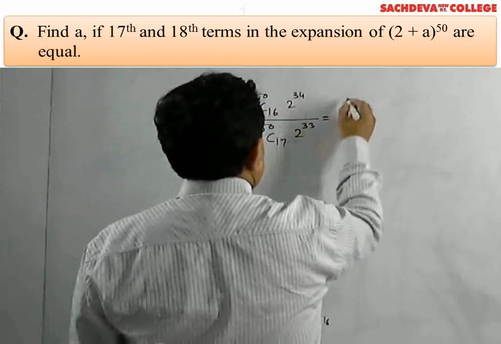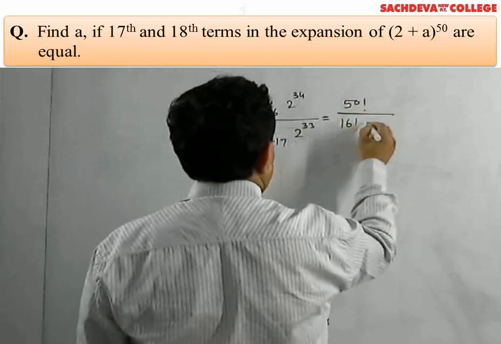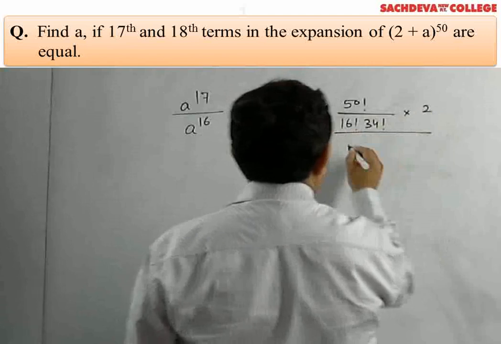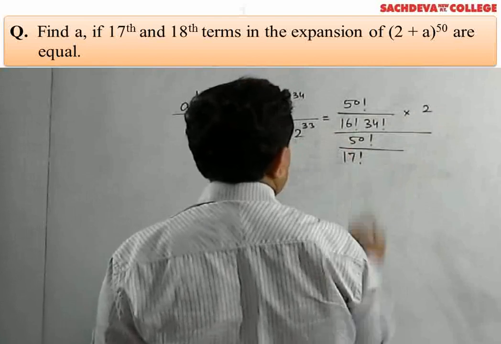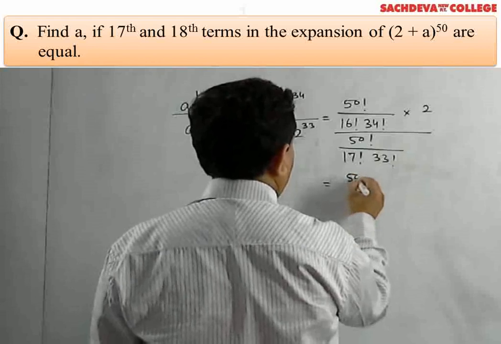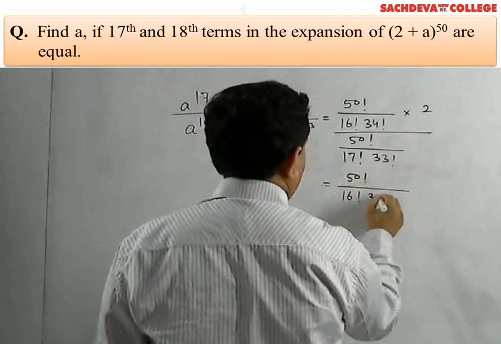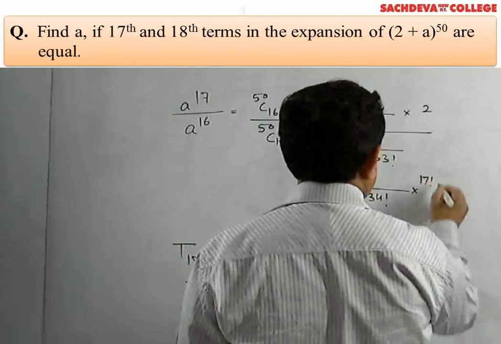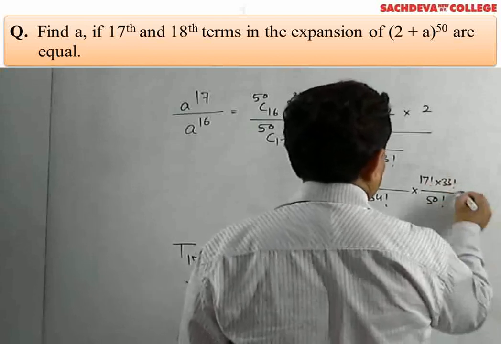This will be equal to factorial 50 upon 16 factorial into 34 factorial into 2 divided by 50 factorial divided by 17 factorial into 33 factorial, which is equal to 50 factorial divided by 16 factorial into 34 factorial, into 17 factorial into 33 factorial divided by 50 factorial into 2.